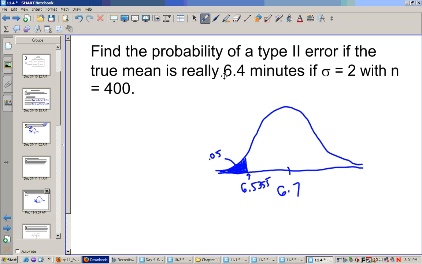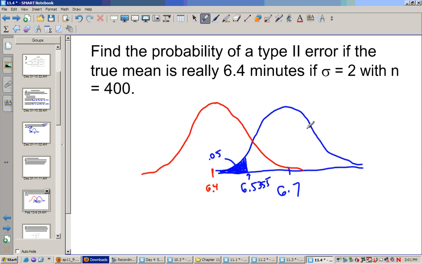So now, if 6.4 is really the mean, so 6.4, say, is right about here, I'm going to draw out another curve. So what's the probability that I fail to reject the null of 6.7 when 6.4 is actually the true mean?